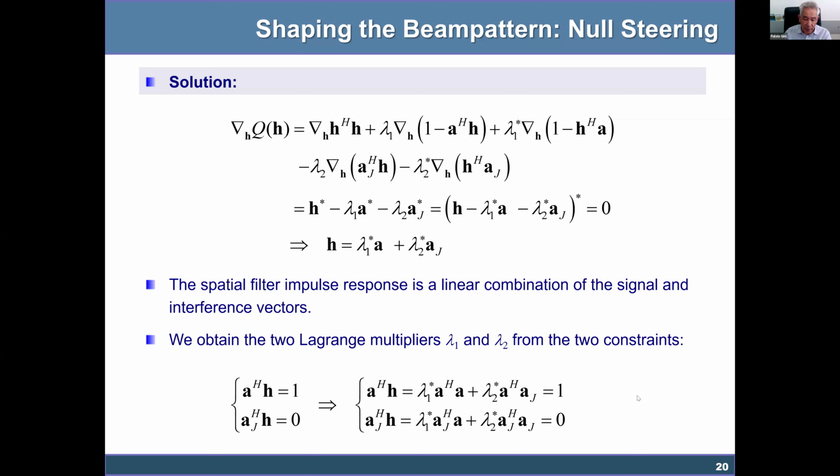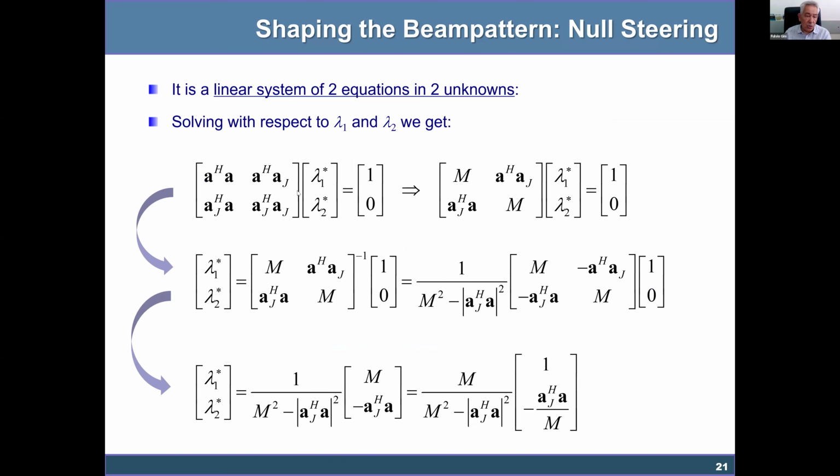So it's a very simple linear system with two unknowns and two equations. You can write the linear system equation in matrix notation. Obviously this term here is equal to M, the energy of A. This is the energy of AJ, M. And this is the inner product between the two different vectors.